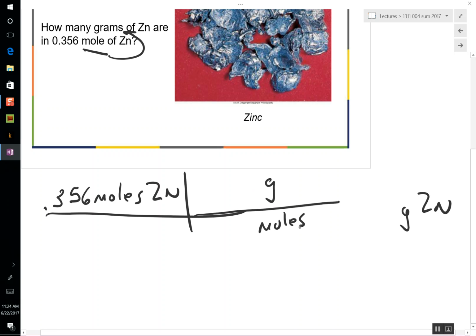I need to know grams per mole, molar mass, of zinc: 65.38 grams per mole. And I convert that into grams. Your given unit is moles, your desired unit is grams. You're going to multiply by desired over given.